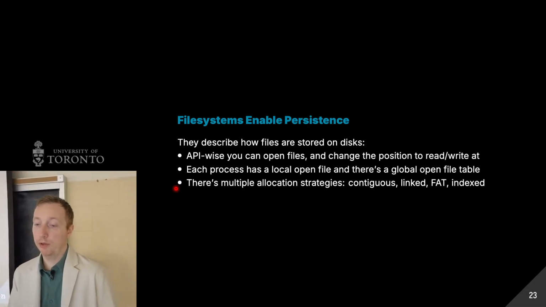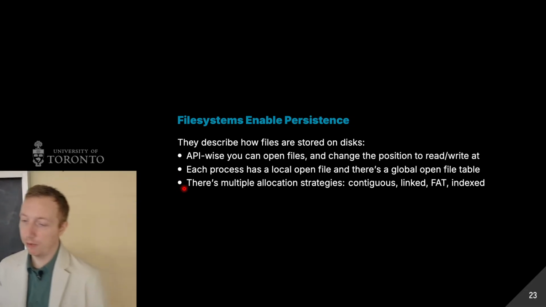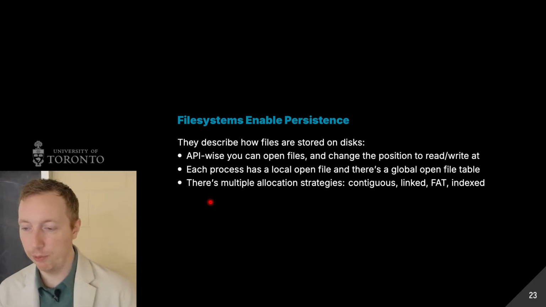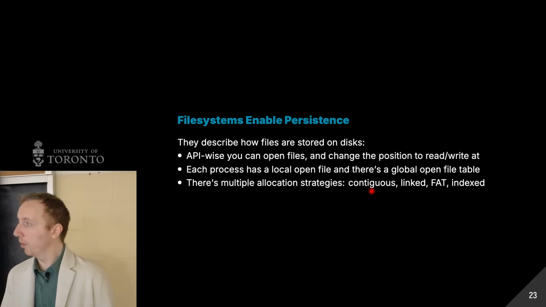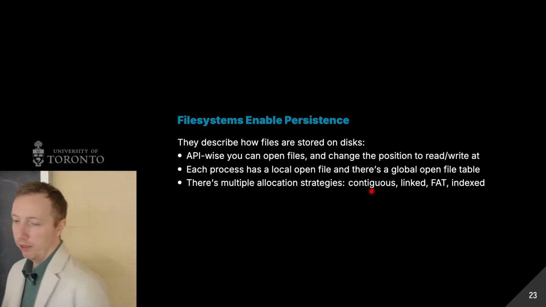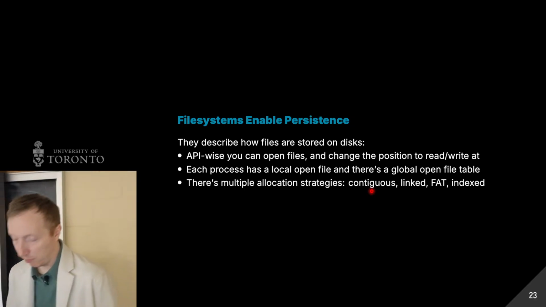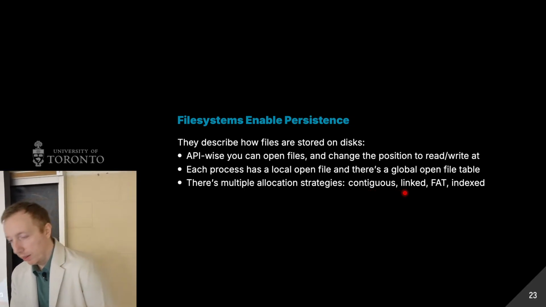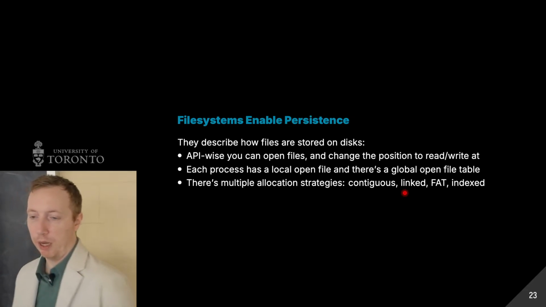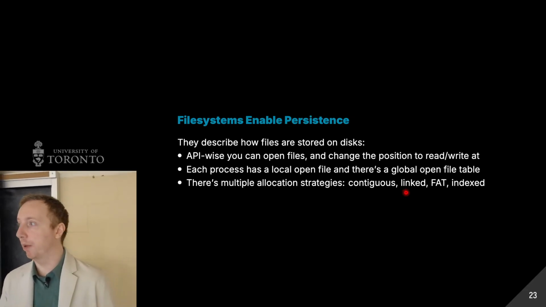If I'm trying to keep track of how a file is stored on disk and how to describe what it is, there are multiple allocation strategies we went over today. Contiguous, which essentially treats the file itself as an array, which kind of sucks because it's hard to grow. Linked, which is a linked list; it's good because one block is as good as any other block, but it has very, very bad cache performance.